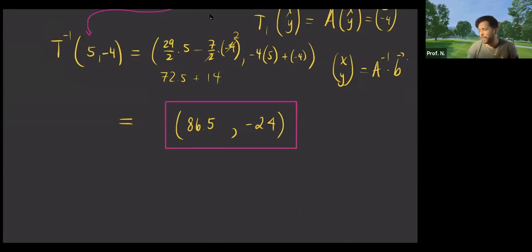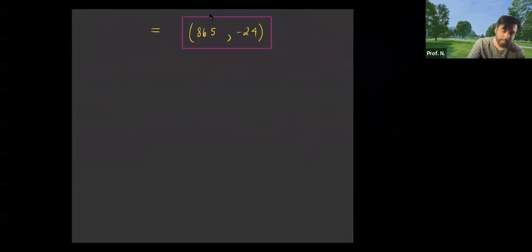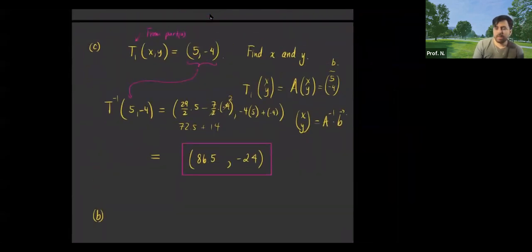Okay. So that's going to be the coordinates for T inverse when you apply 5, negative 4 to it. So any questions about this part, part C?